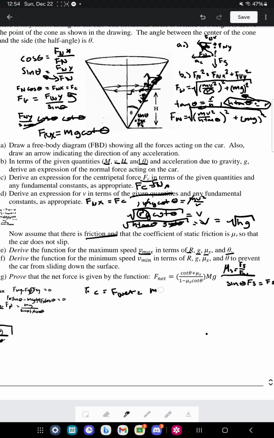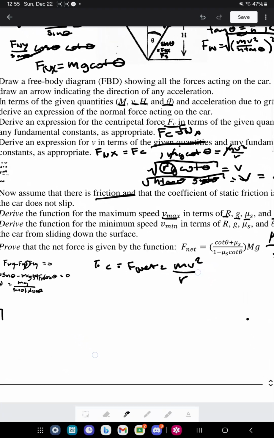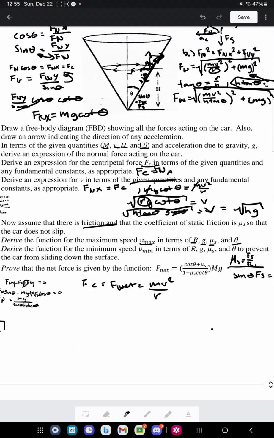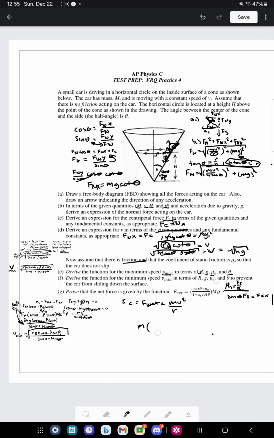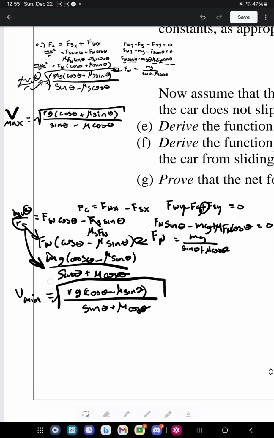That equals mv squared over r, and we know what velocity is from our previous equation. So it goes to m. Can I copy and paste this? I don't want to write it again.